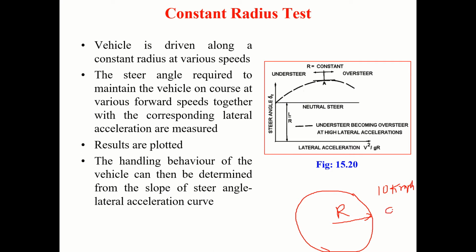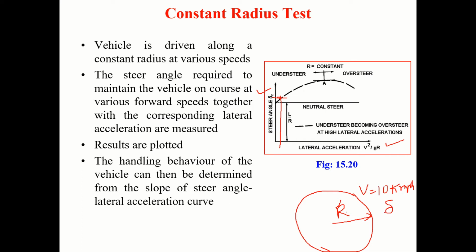Note down the value of delta. R is constant anyway. So now delta value is known. Vehicle speed is known. R is known. Calculate the lateral acceleration. So delta and lateral acceleration. Get that point. This is initially 57.3 L by R.